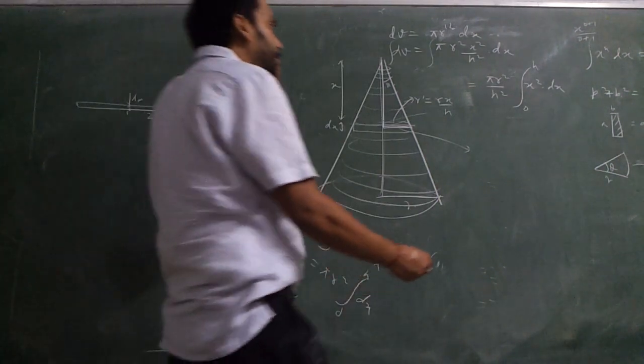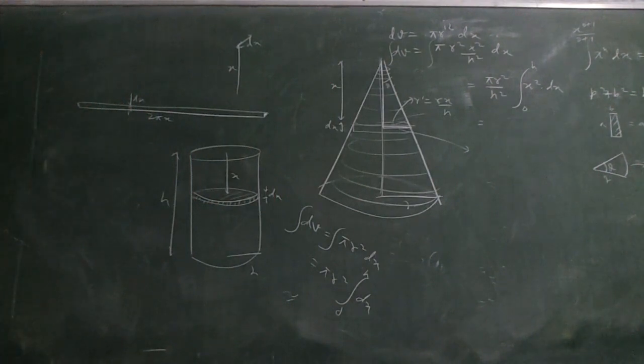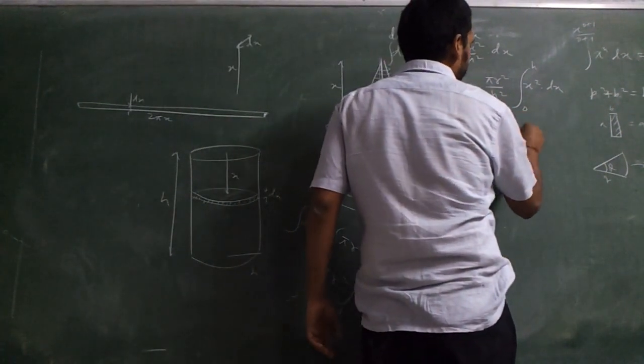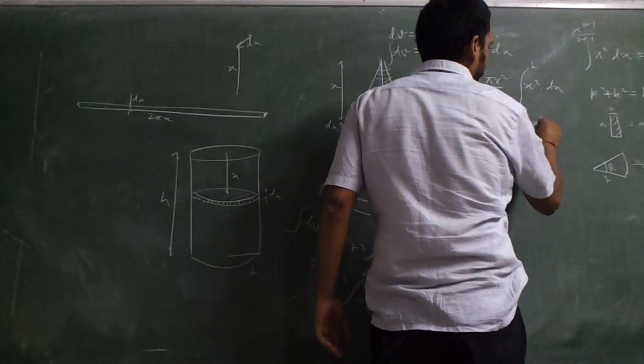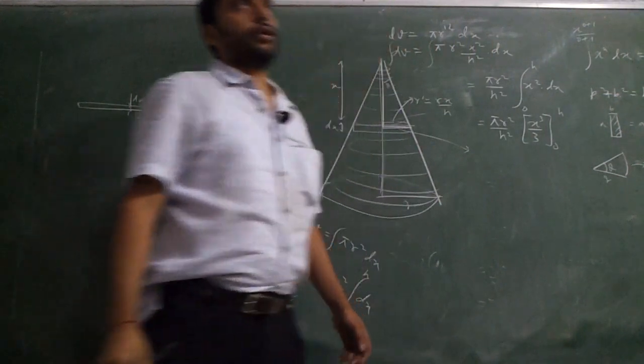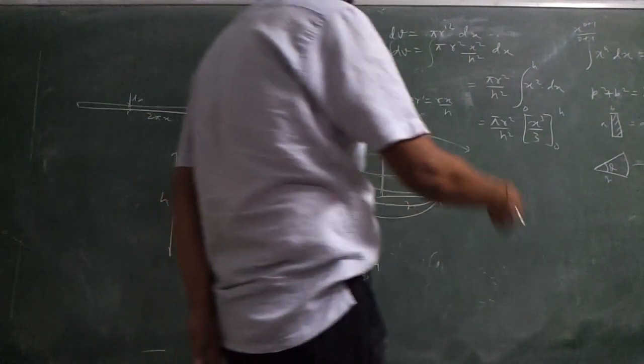So what do you get? Pi r square by h square, x cube by 3, limit 0 to h. So it is h cube by 3 minus 0 cube by 3. So h cube by 3.